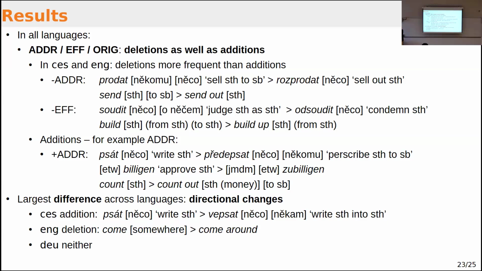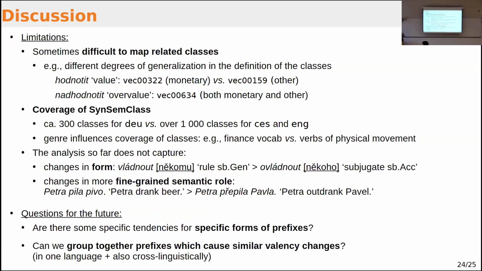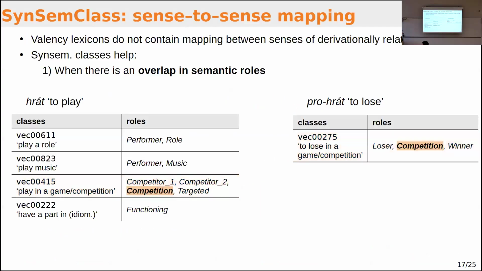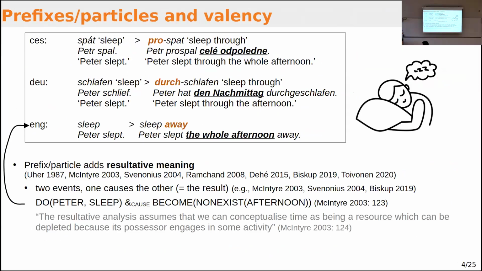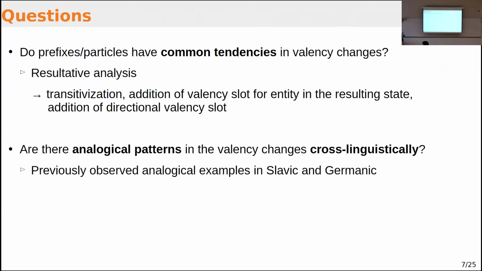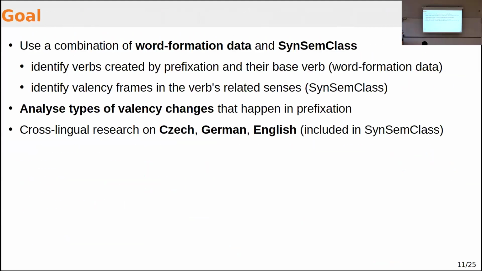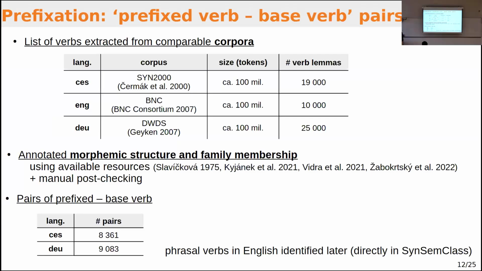Yeah, I have a question. Well, not really a question, but a remark. If you can show us one of the first slides when you had the statistical data, how many? Yeah, it's going to be in the table. Yes, here. So the size is the same for Czech, English, and German.